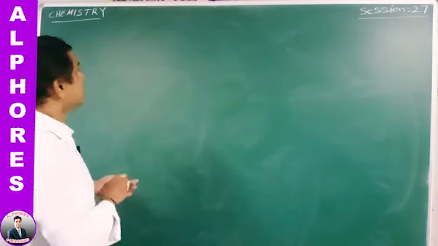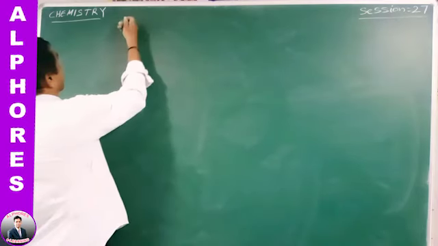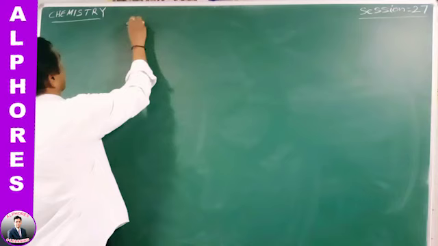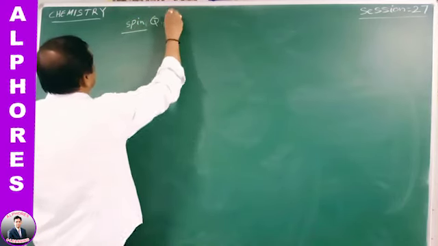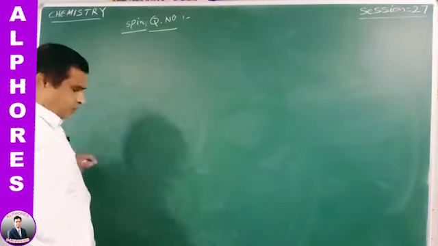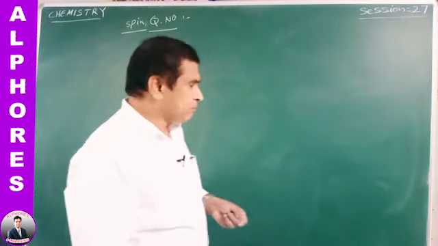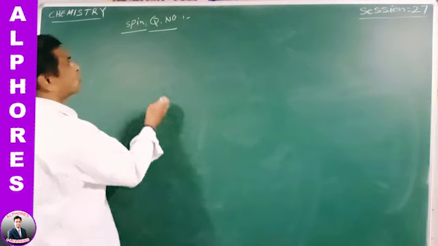Now coming to the spin quantum number. The spin quantum number was explained by Uhlenbeck and Goudsmit.